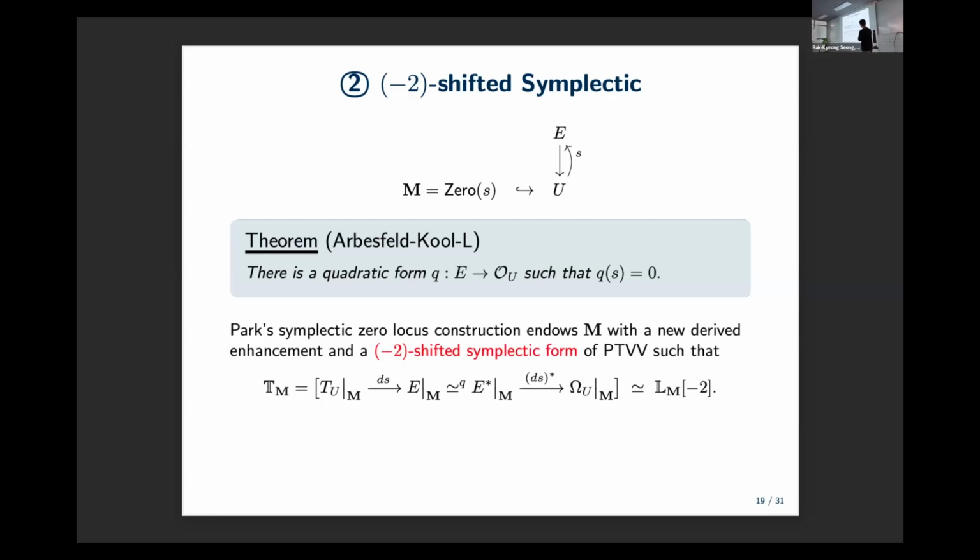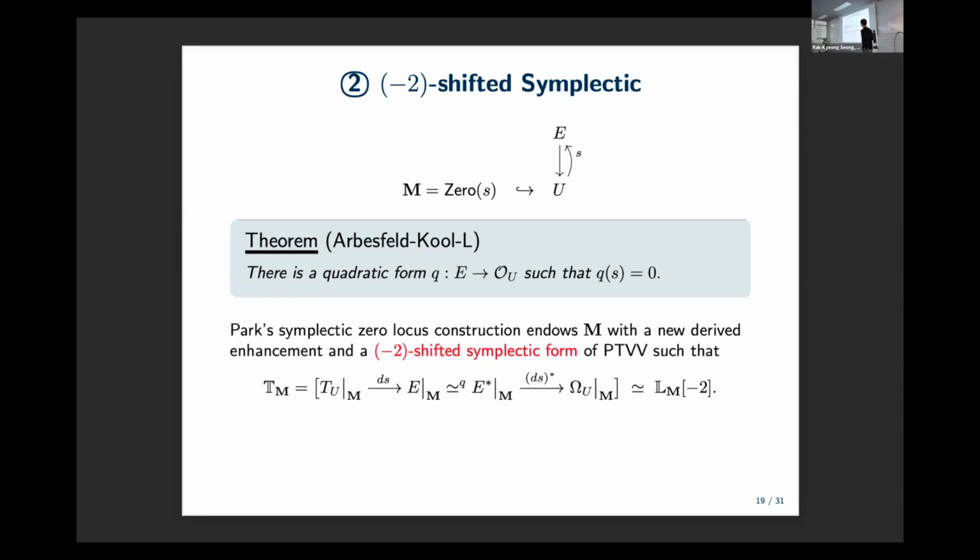And once you do that, instead of a derived zero locus, this endows your moduli space with a new derived enhancement, which is -2 shifted symplectic in the sense of PTVV. In particular, its tangent complex, if you take a symplectic zero locus, looks like this, which is obviously symmetric. So here, T is dual to the cotangent, and what's in the middle is self-dual by this additional data of a quadratic form.